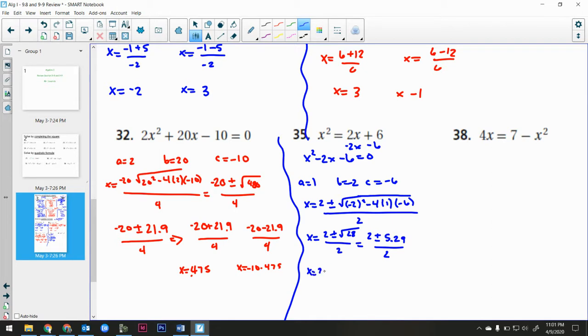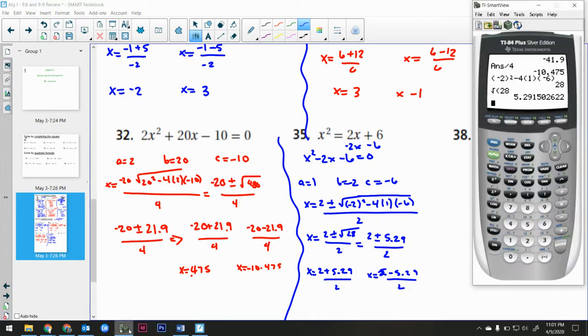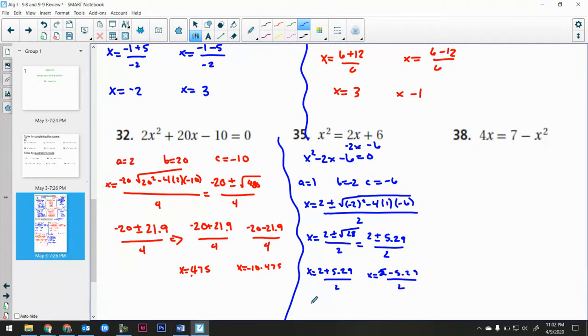So x equals 2 plus 5.29 all over 2. X equals 2 minus 5.29 all over 2. Okay. So 2 plus 5.29 would be 7.29. 7.29 divided by 2 is 3.645.